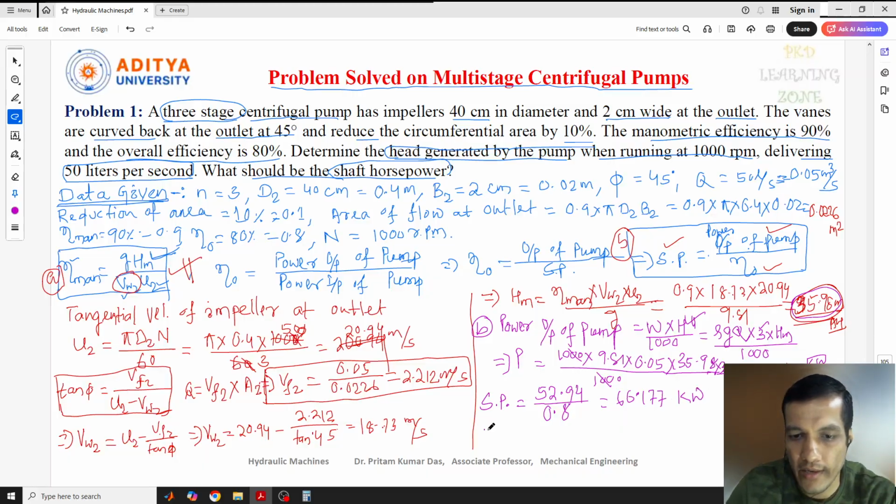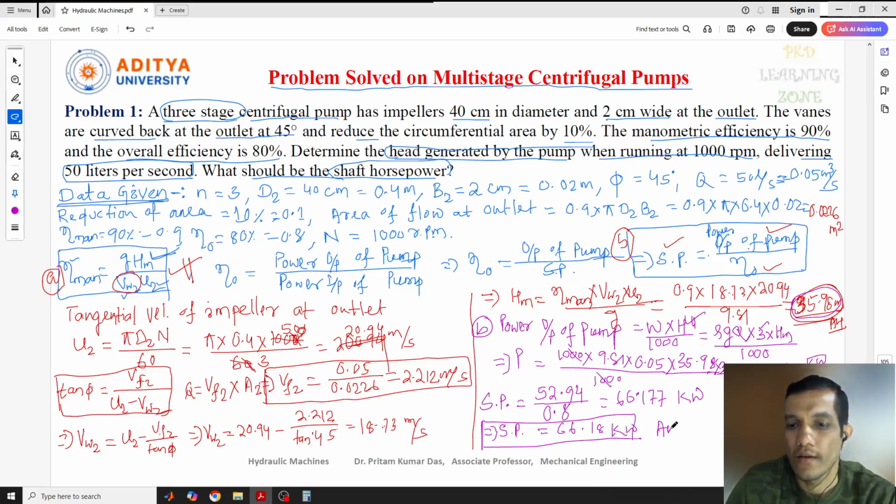So finally we can write our answer: the shaft power required is 66.18 kilowatt. This is our second answer, and this is our first answer, the manometric head, or the total head generated by the pump here.